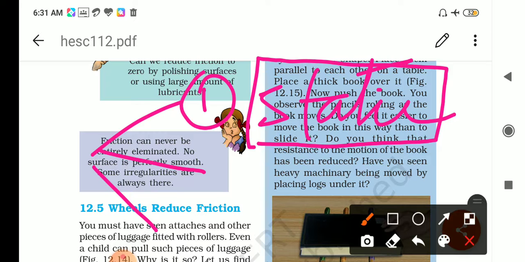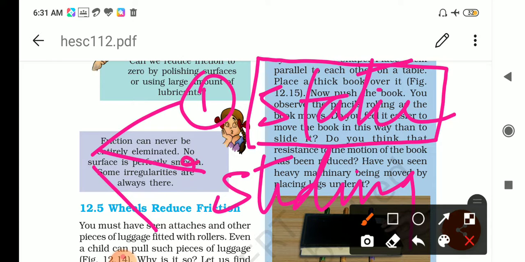And the second friction is called sliding friction. When the object starts sliding, after we apply the force and it starts moving, the value of the friction decreases. It is less than the static one.